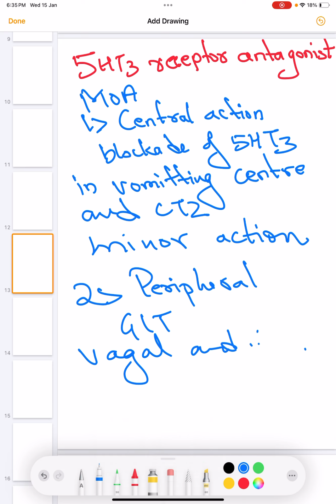Vagal and spinal afferents from GIT have 5-HT3 receptors which are blocked, and then GI irritation does not cause vomiting.